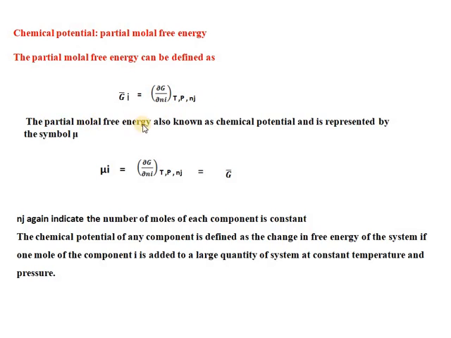The partial molar free energy is also known as the chemical potential, which is represented by the symbol mu, and therefore mu i is equal to (∂Z/∂Ni) at constant temperature, pressure, Nj, which is equal to Gi bar.